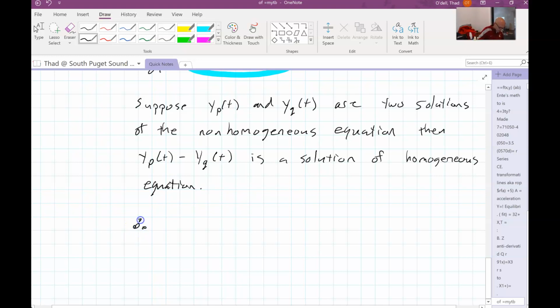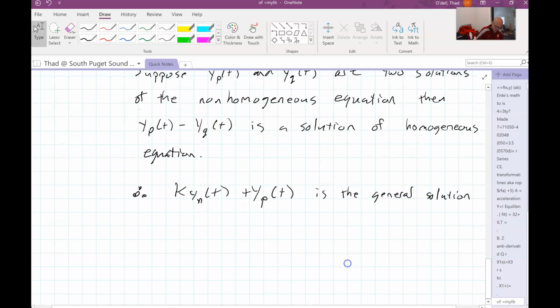Therefore, all that is to say that k times y sub h of t plus y sub p of t is the general solution of the non-homogeneous equation.